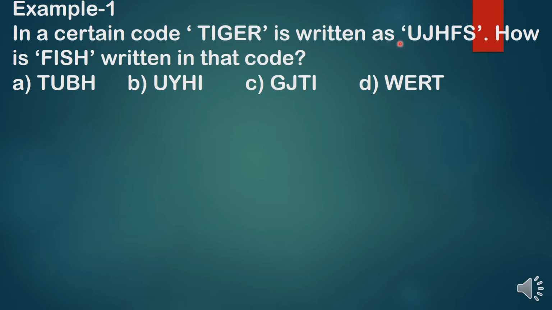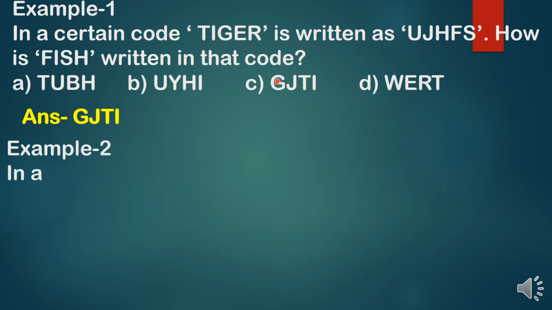T, T के बाद U, I, J, G, H, E, F, R, S. So how is this written in that code? It is continuation of letters. So F के बाद G, here is G, I, J, S, T, H, I. So it is the correct answer. You will have to tick it, G, J, T, I.